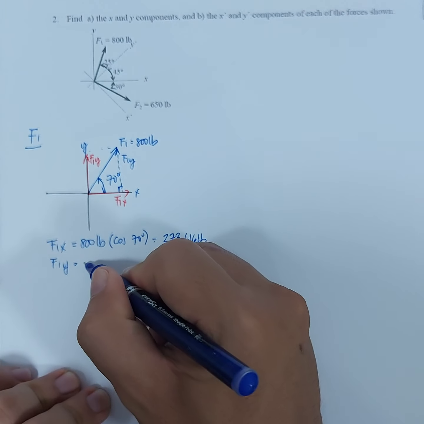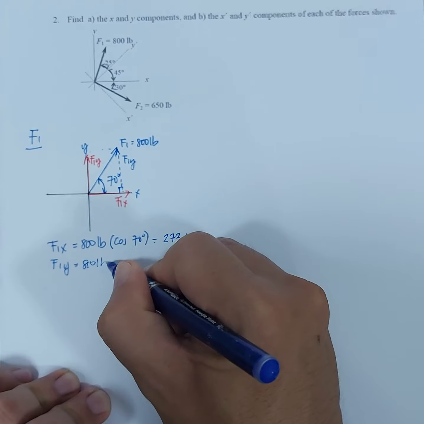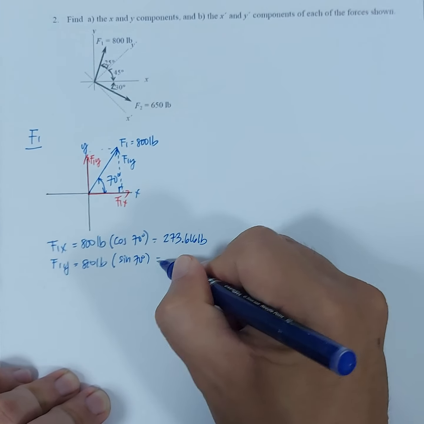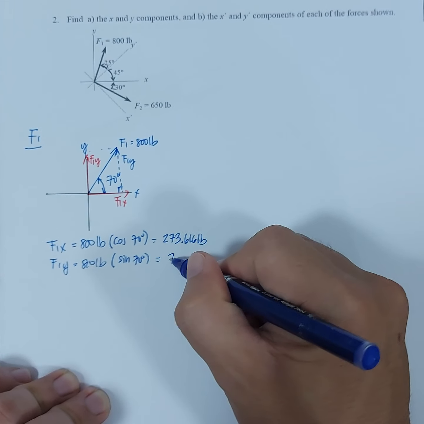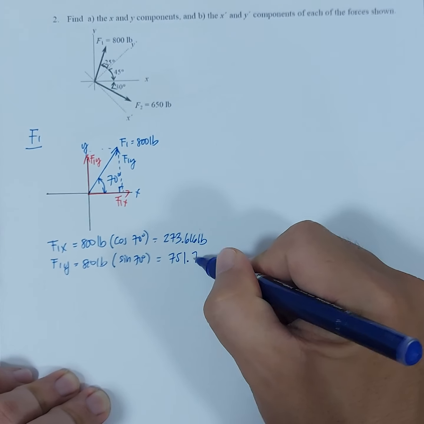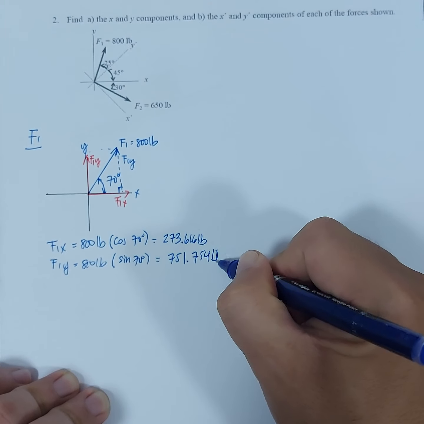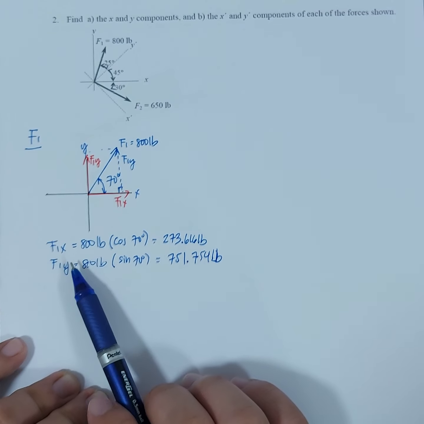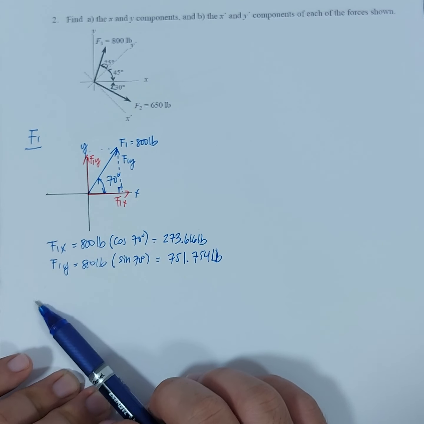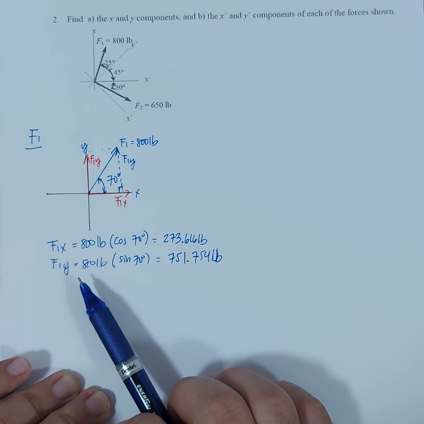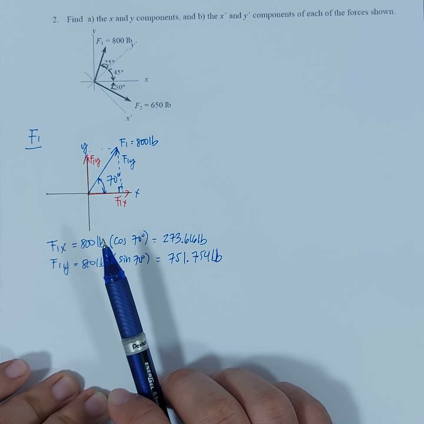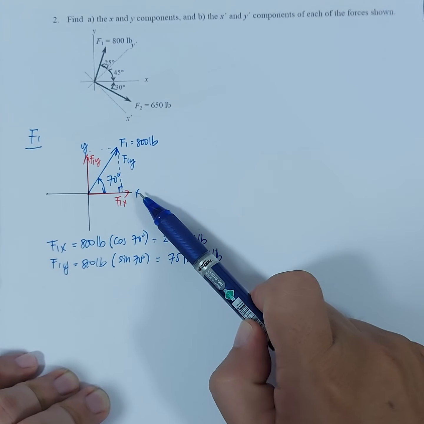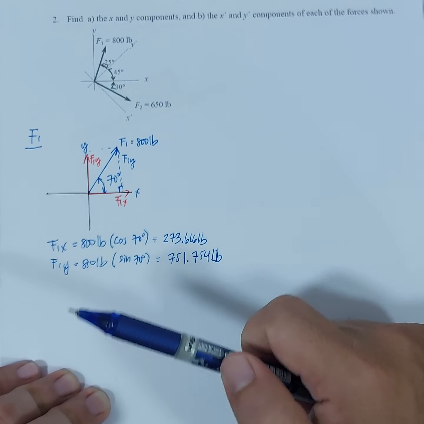So we have 800 pounds times sine of 70 degrees, that is equivalent to 751.754 pounds. So yun na. So F1x, and we also have F1y here.